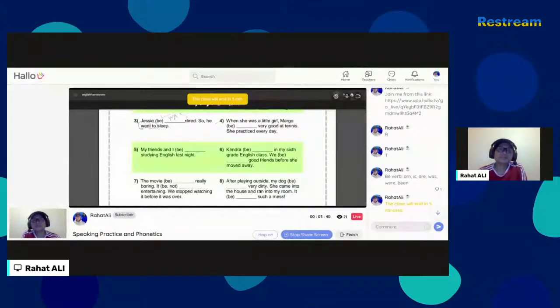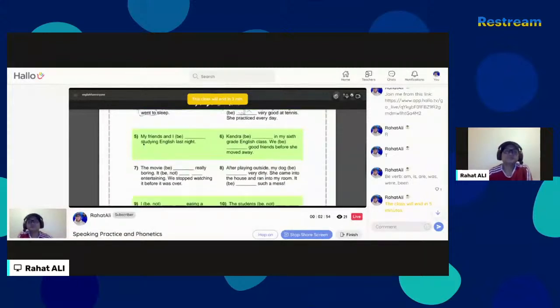I'm writing it in capital letters, guys, for a better understanding. When she was a little girl, Margot be very good at tennis. She practiced every day. So it's easy peasy, lemon squeezy. Margot was very good at tennis. So when she was a little girl, Margot was very good. Was.